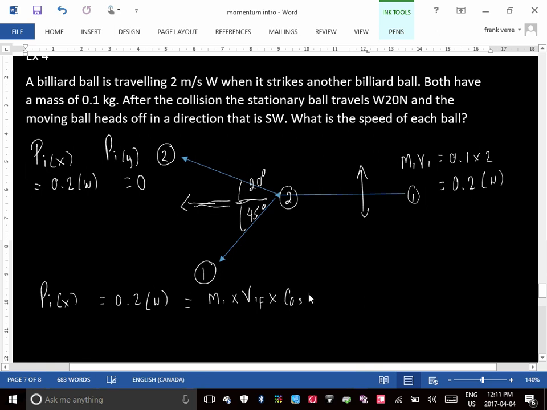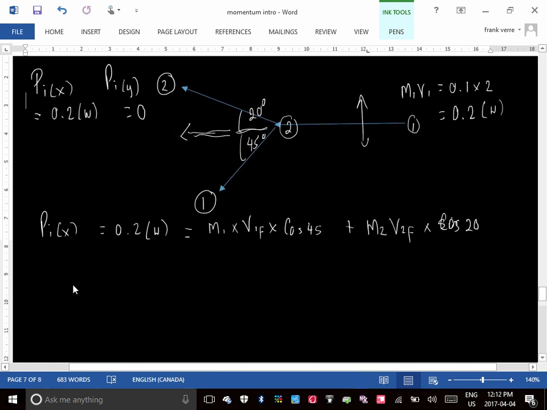Cosine of 45. So in other words, it's this component of the momentum of this ball, plus also the same component for the momentum of the other ball. So that would be m2 v2f times cosine 20. Okay, so let's simplify this.